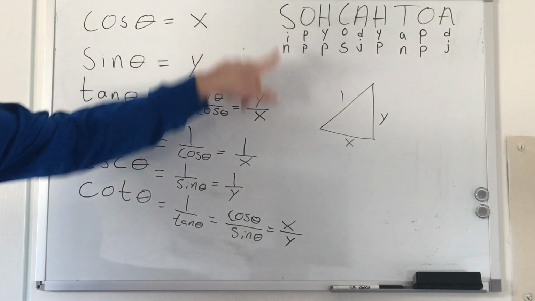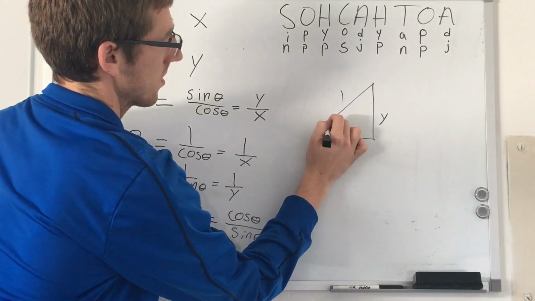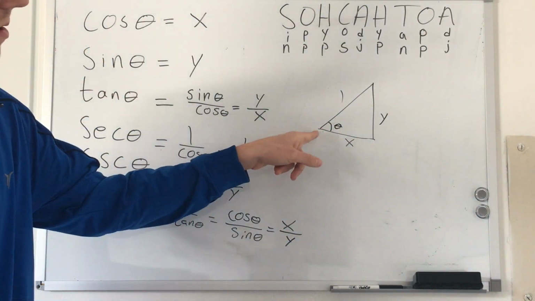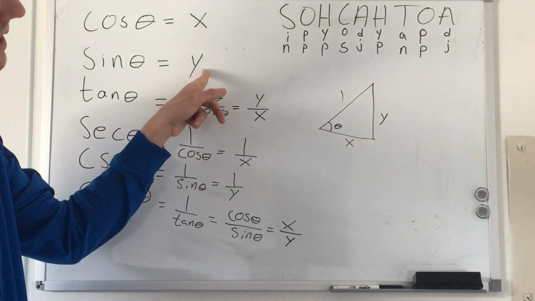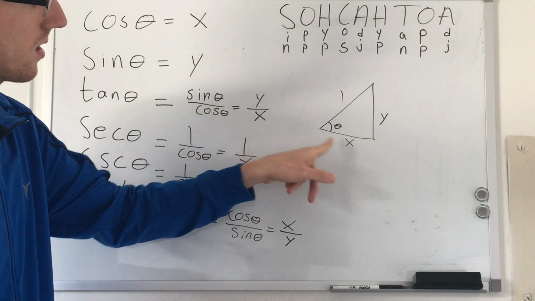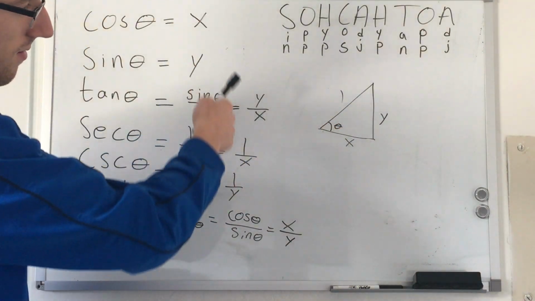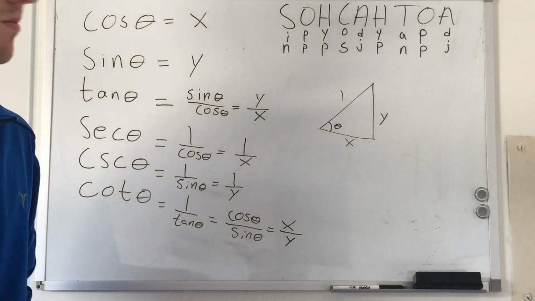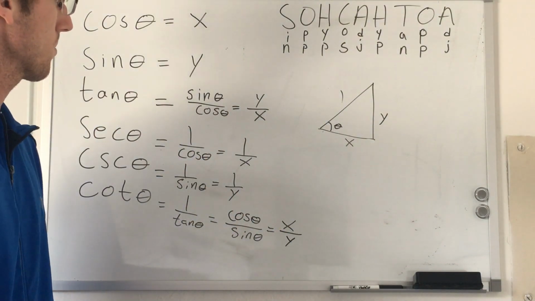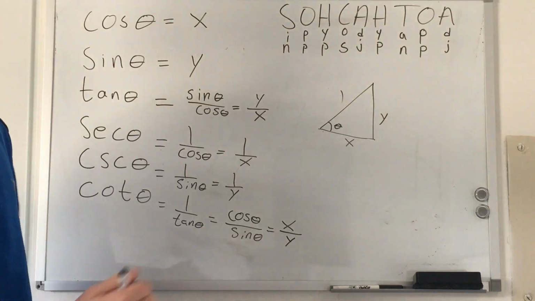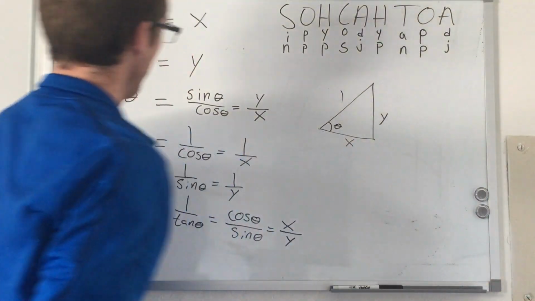Let's start with sine since it's SOHCAHTOA. Sine is opposite over hypotenuse. Here's my theta, so opposite y over 1. It's just y. Cosine is x over 1, so just x. And you can verify that they're all the same, just what you learned with SOHCAHTOA. However you want to remember it is fine by me. But that does help us with our unit circle, right?